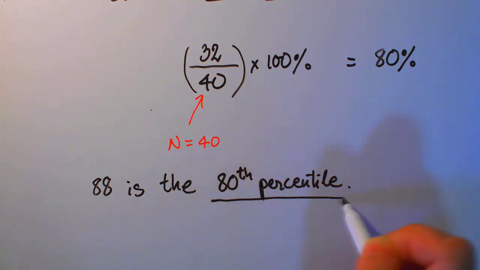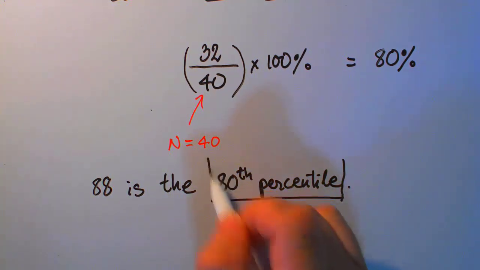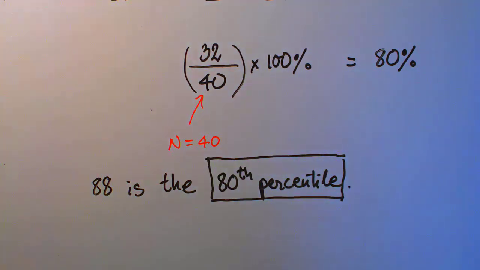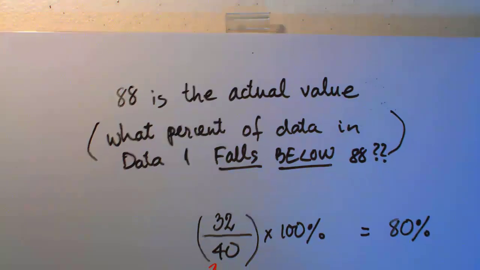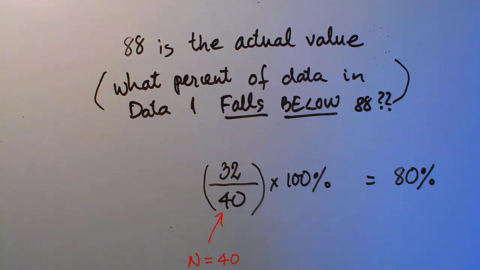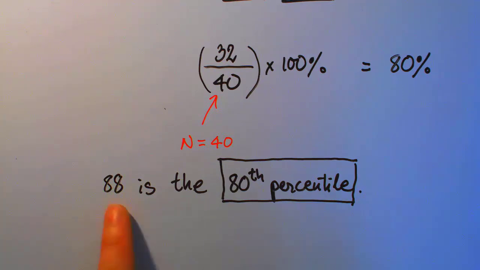And that is how we answer this kind of problem. We start out with a known value from the data, and then we look for what percentile that data value stands at. A percentile, a lot of the time in statistics, indicates a sense of location. It's a sense of how high-ranking you are compared to the rest of the data.